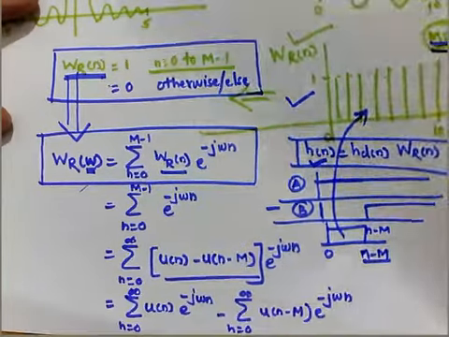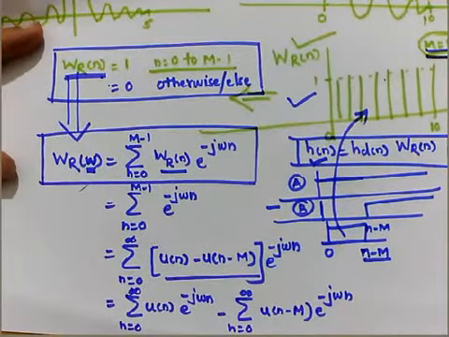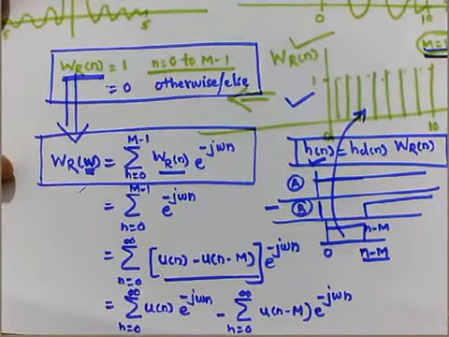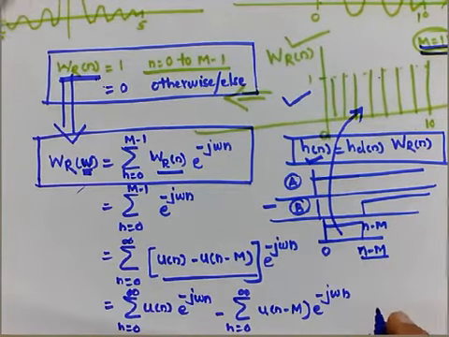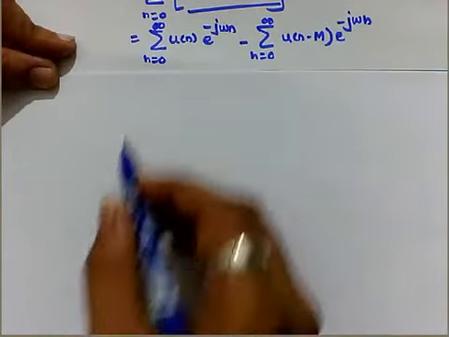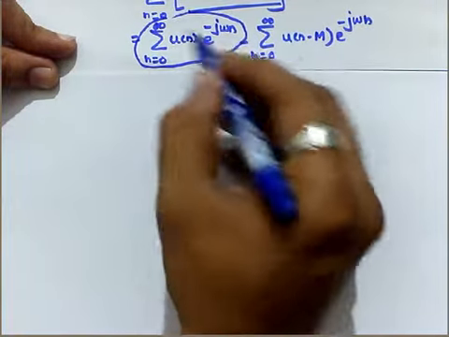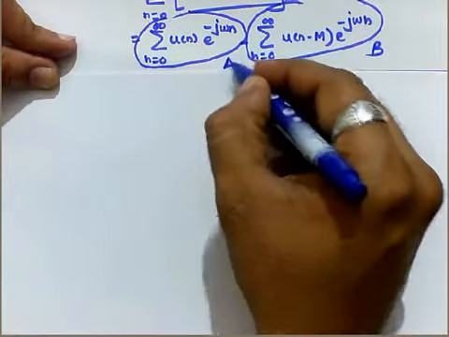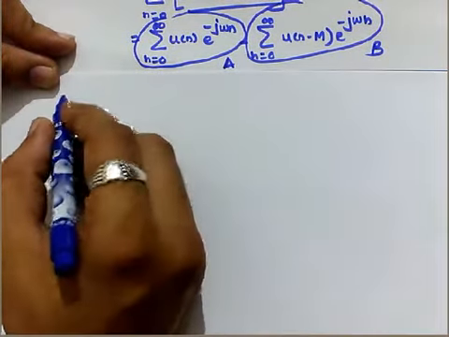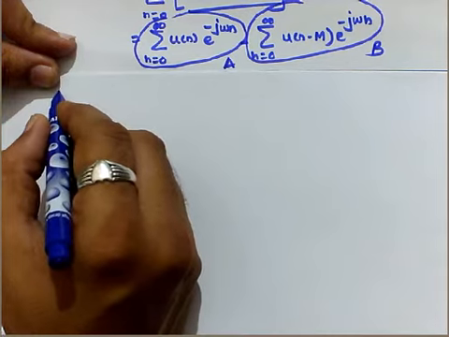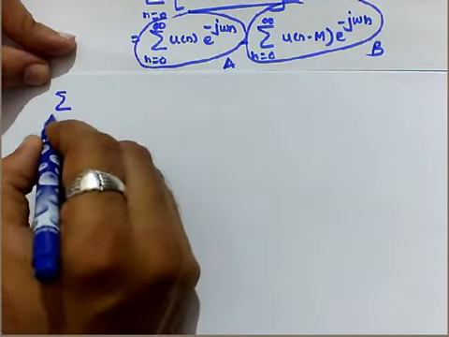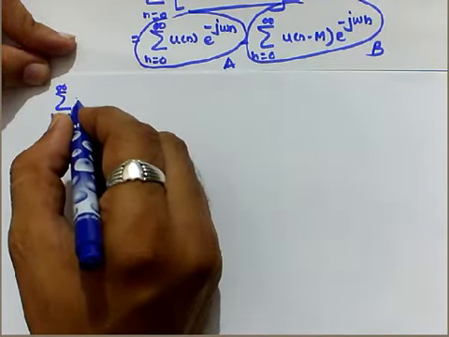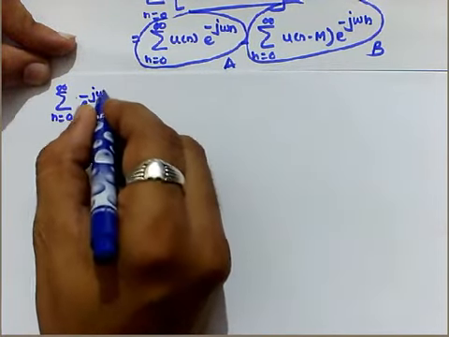Now the Fourier transform can be simplified here in a simplified trigonometric manner. So let me call this part A and this part B. So this is A, and we will solve for A. That is nothing but the summation n is equal to 0 to infinity, u of n is 1, so e raised to minus j omega n.